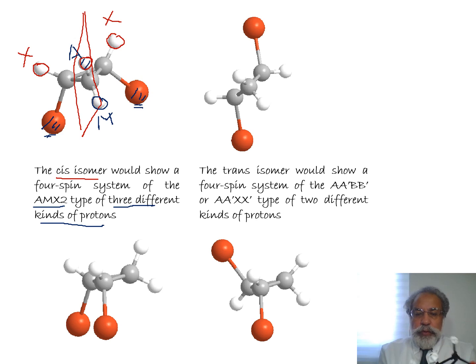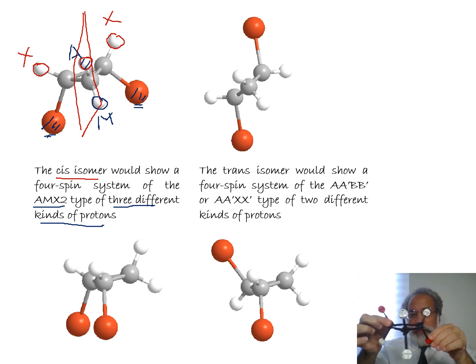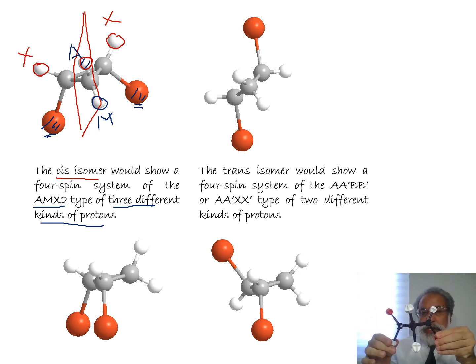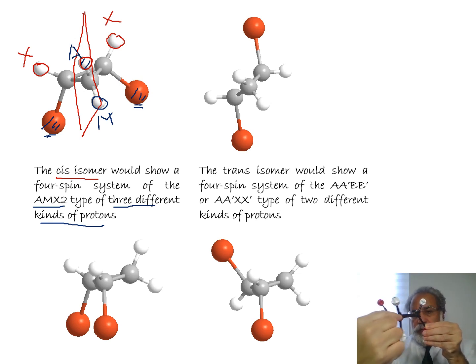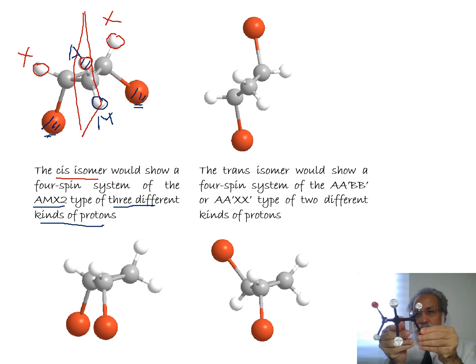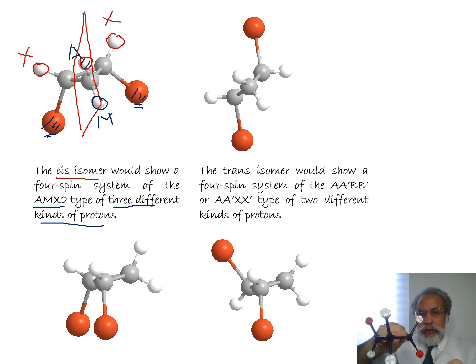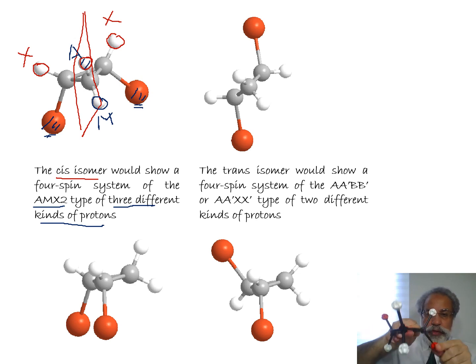Now if we switch to the trans isomer, in the trans isomer you will find a C2 axis of symmetry. The axis goes from here to the back, and you switch. You end up with the same molecule if you switch it, right?